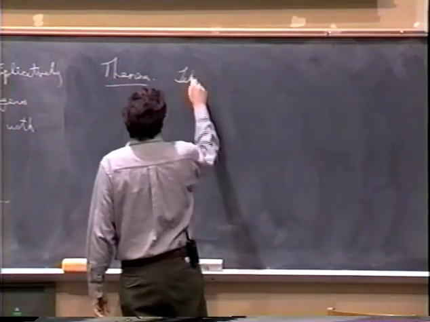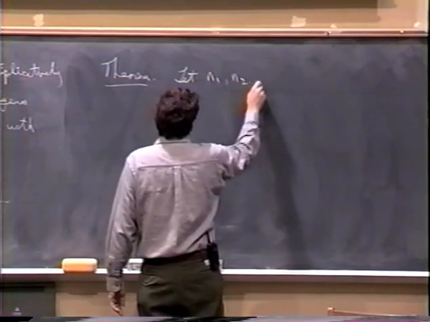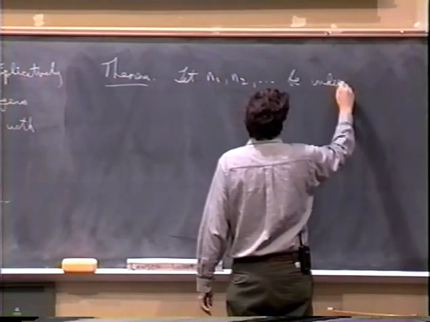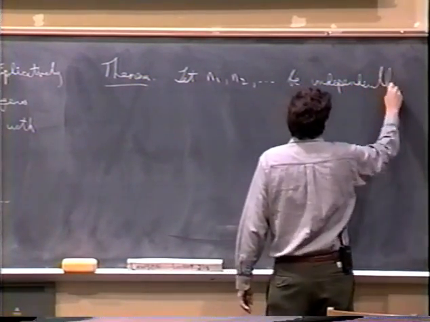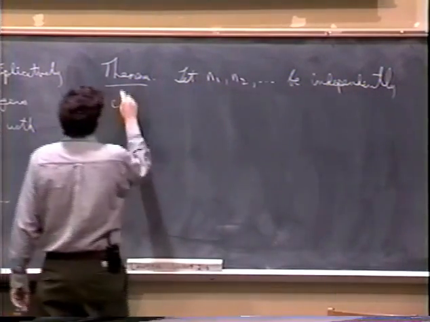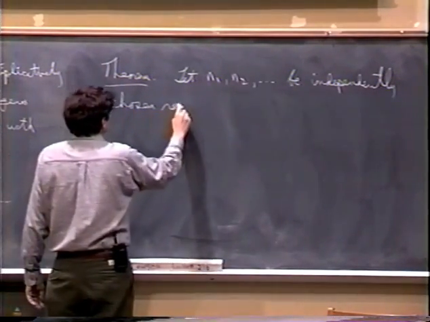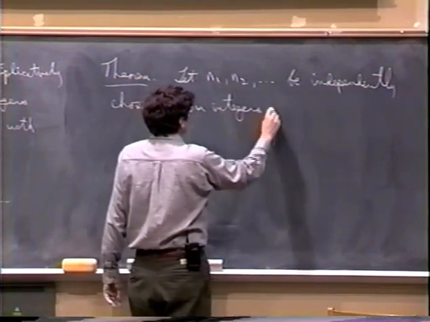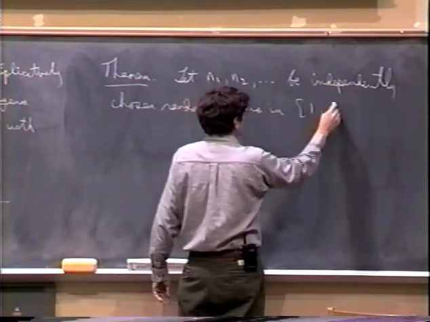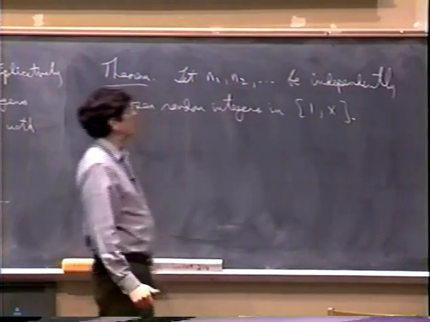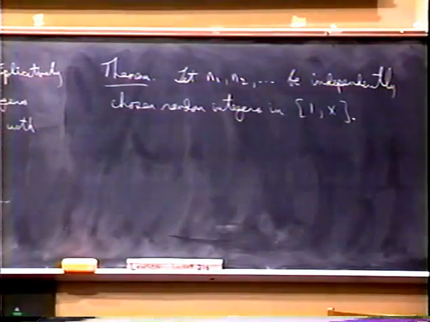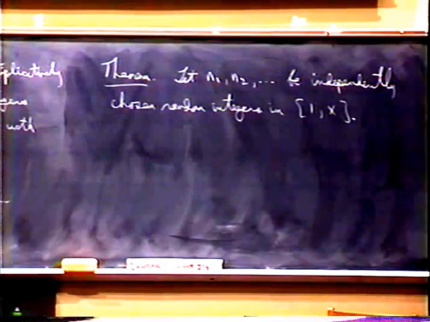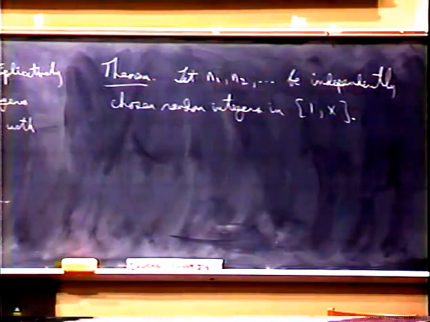So let n1, n2 be independently chosen random integers in the interval 1 to x. Now I'm going to keep on choosing these integers just the way we did until they become multiplicatively dependent. And I'd like to know the stopping time for that problem.